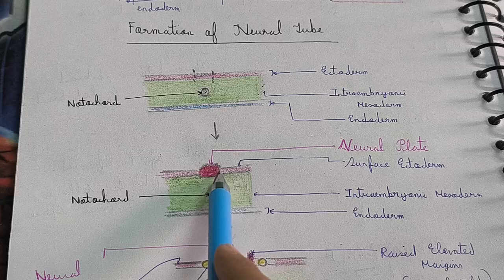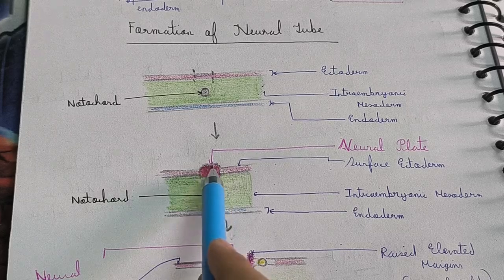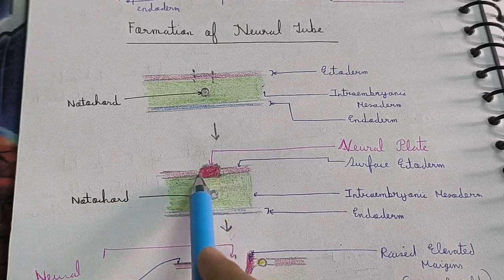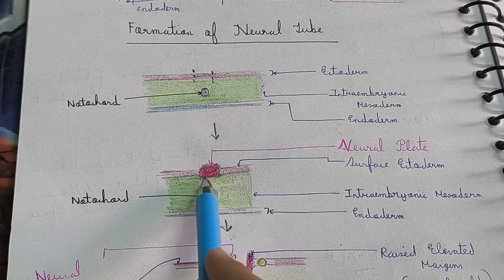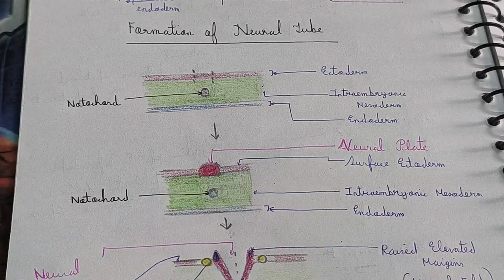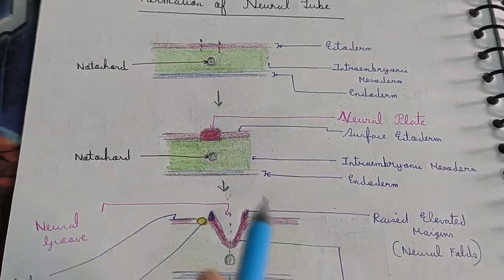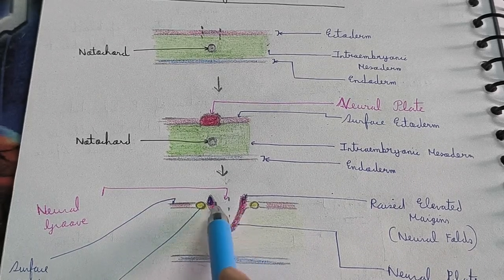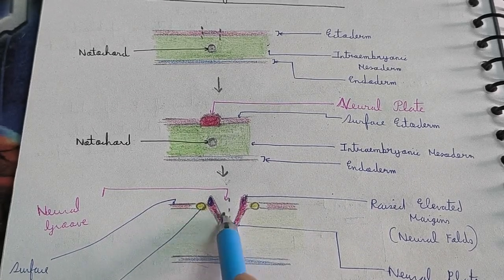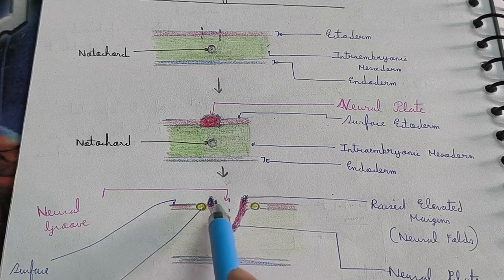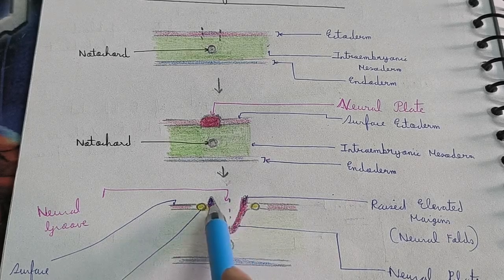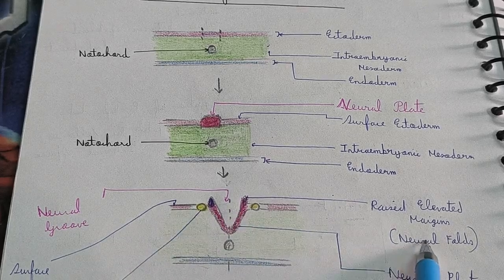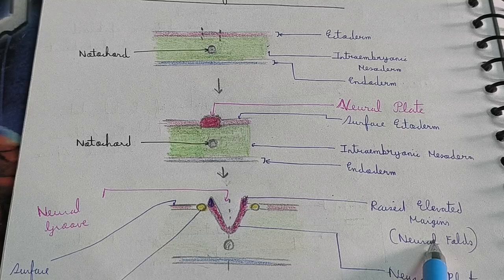The portion of ectoderm lying over the notochord becomes thickened to form a thickened plate-like structure. This is known as the neural plate. Now this neural plate is invaginated, and due to this, the central part is known as the neural groove, and the margins of the neural plate are raised, and these raised, elevated margins are known as neural folds.